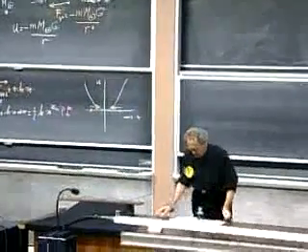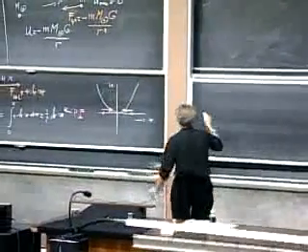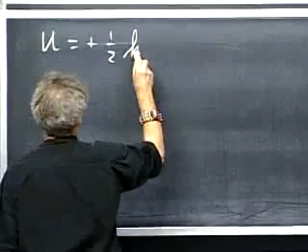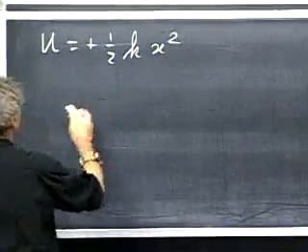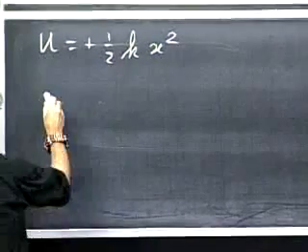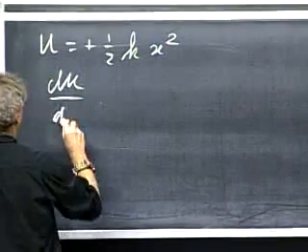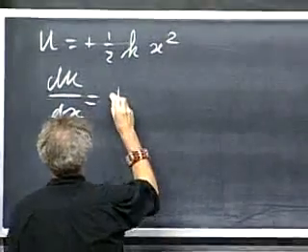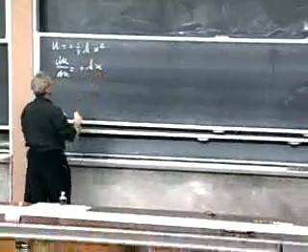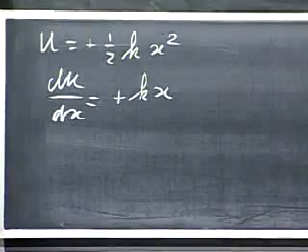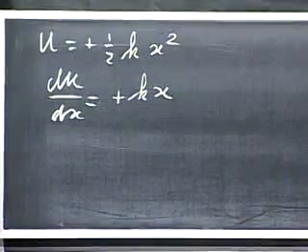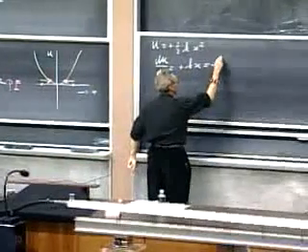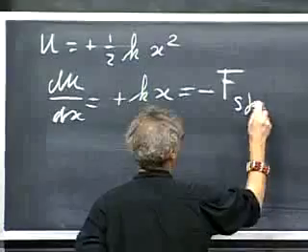We have that the potential energy U of the spring equals plus 1/2 kx squared. And if I take the derivative of that versus x, then I get plus kx. But the spring force itself is minus kx. So this equals minus the spring force.